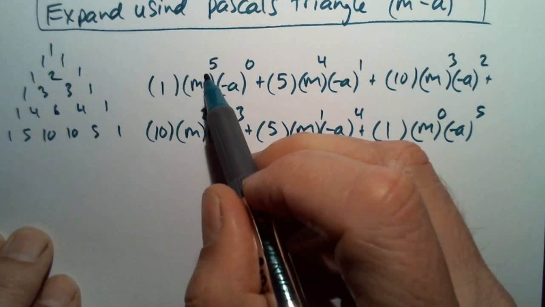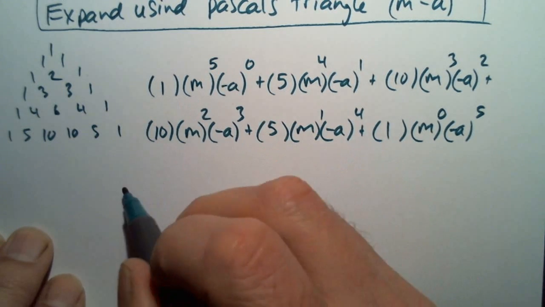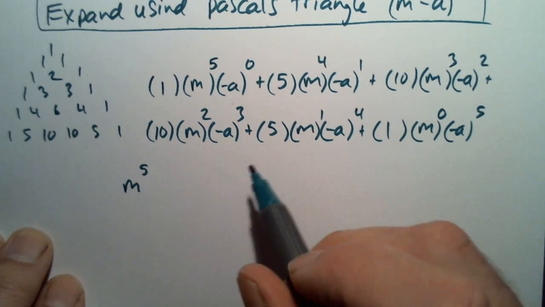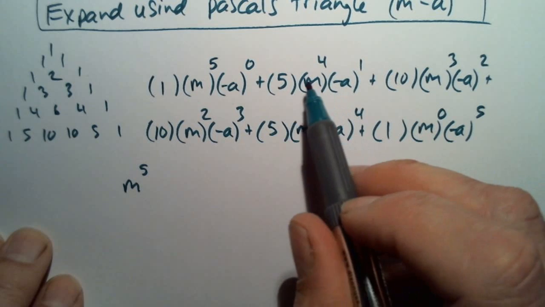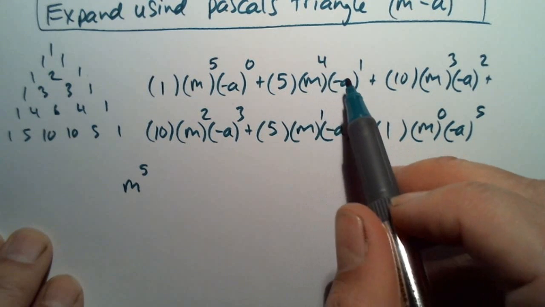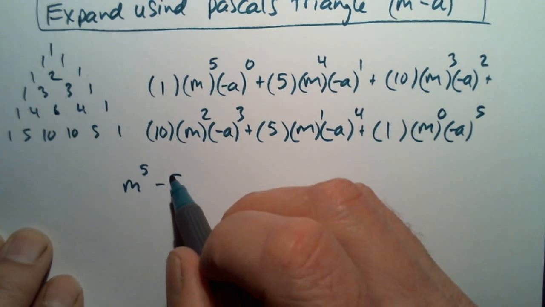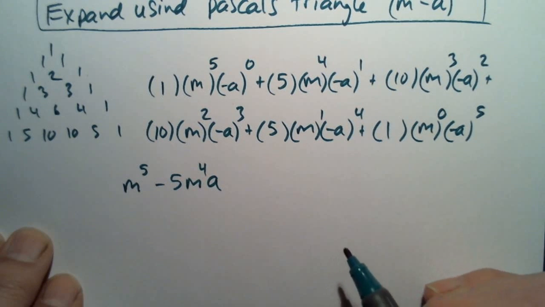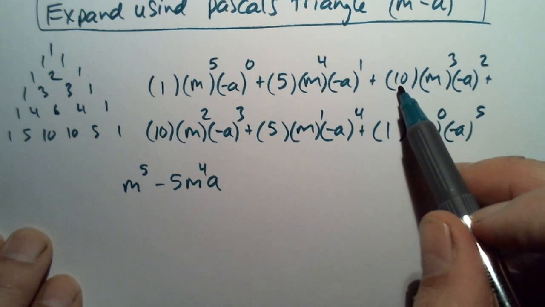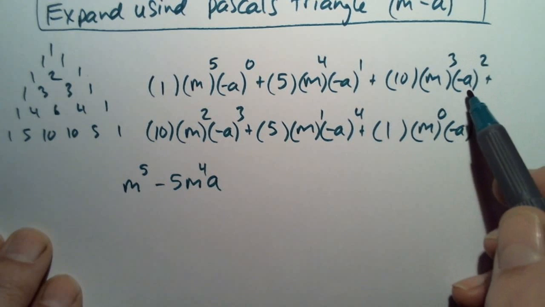That'll be m to the 5th, and that's a 1 times 1, so we get m to the 5th. Here is negative 5m to the 4th a. And this is 10m cubed a squared.